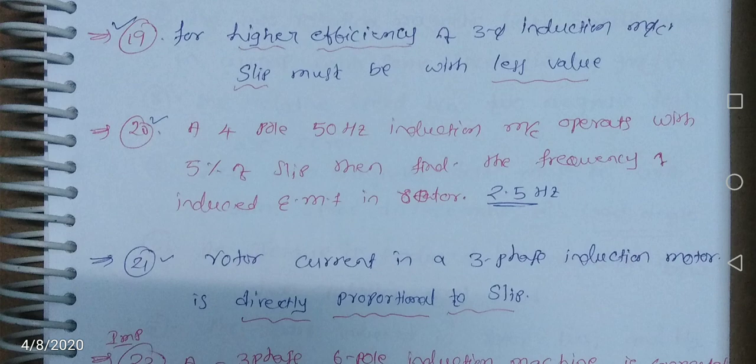So rotor frequency F2 equals S into F. S is 0.05 and F is 50 Hz.